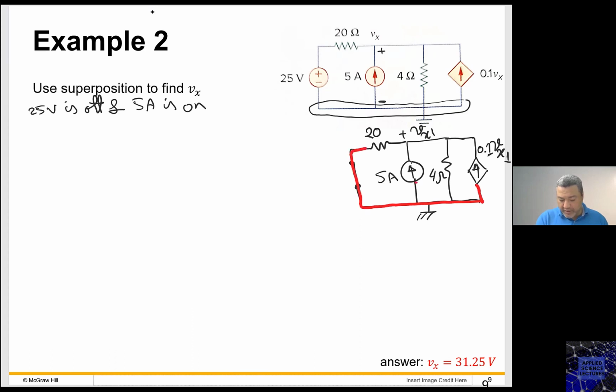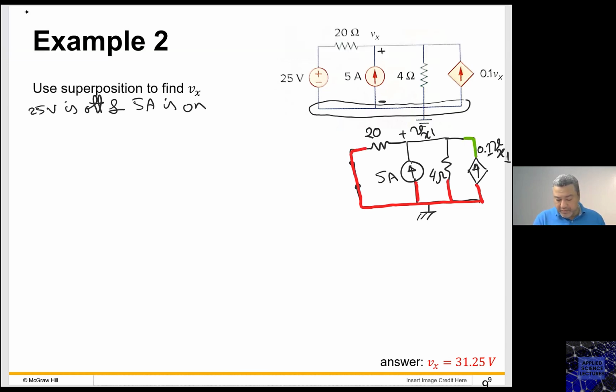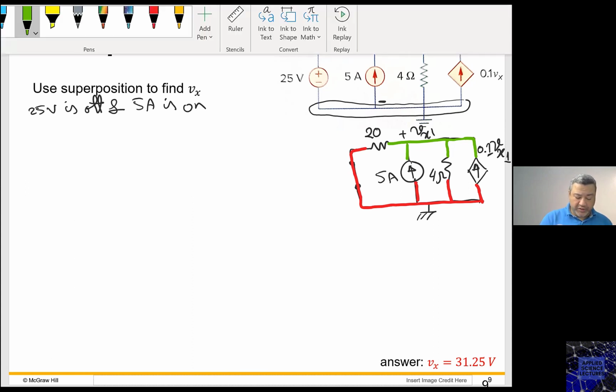All the wires connected together will make one node. So I have two nodes. One of them will be dedicated to the reference, so I need to write only one nodal equation.